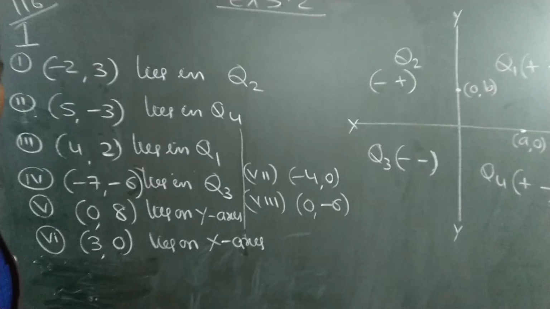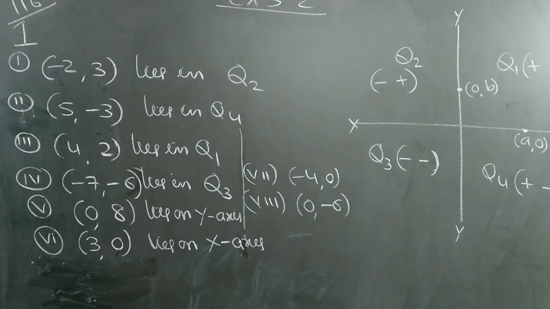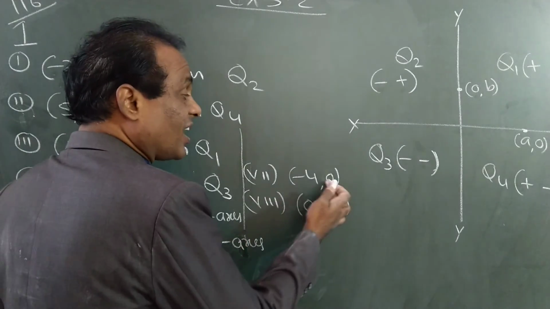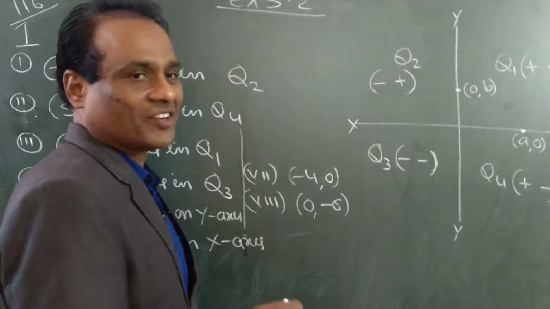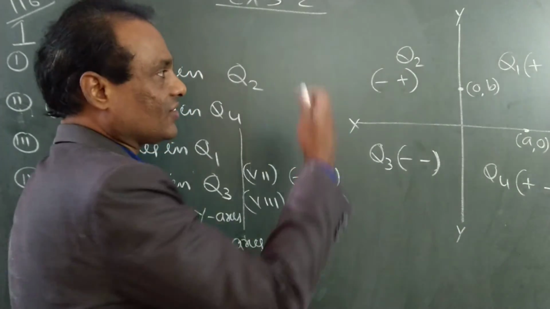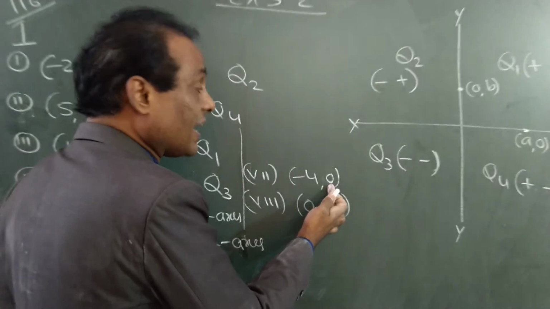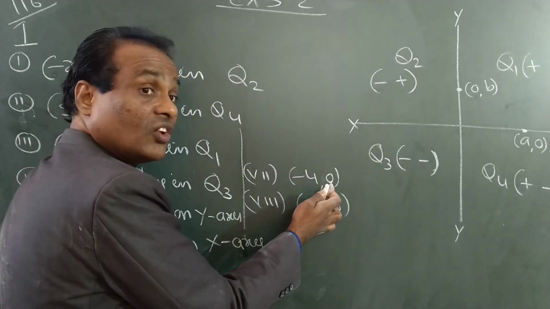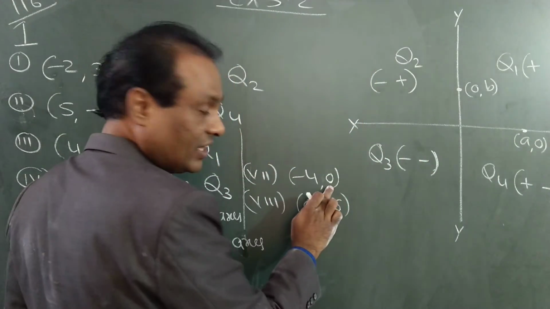Seventh. Minus 4 comma 0 lies in which quadrant? No, it won't lie in any quadrant because this is 0. It is not in first, second, third or fourth.